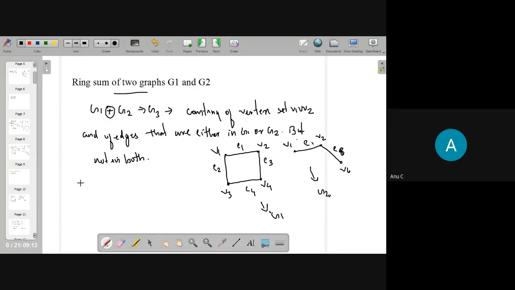Now performing G1 ring sum G2 gives a new graph G3. So G1 and G2 ഏതാണ് common edges? E1. റിസൾട്ടന്റ് ഗ്രാഫിൽ E1 എന്ന് പറയുന്ന എഡ്ജ് ഉണ്ടാവില്ല. V1.